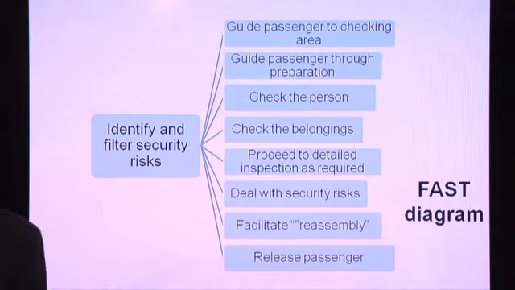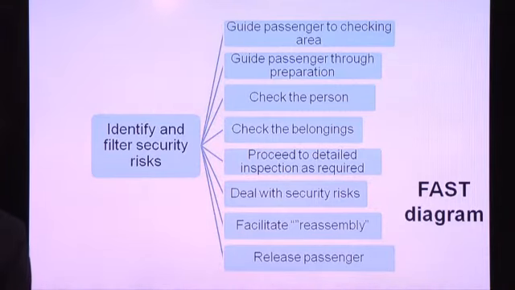For example, guide passenger to checking area, guide passenger through preparation, check the person, check the belongings, proceed to detailed inspection as required, deal with security risk, facilitate reassembly, release passenger.